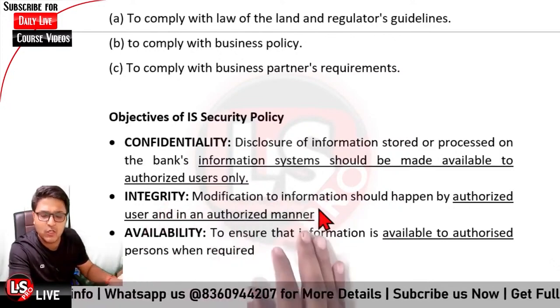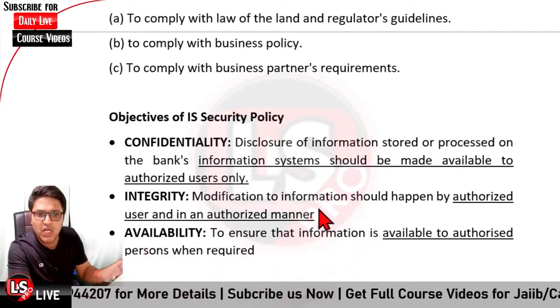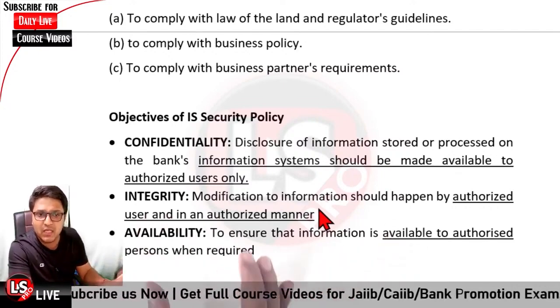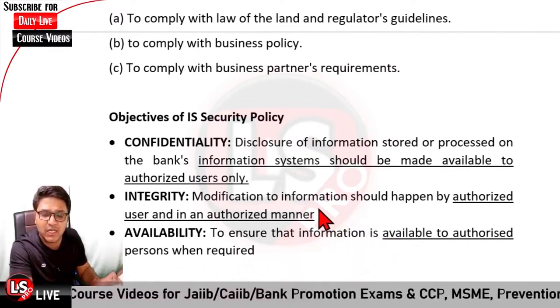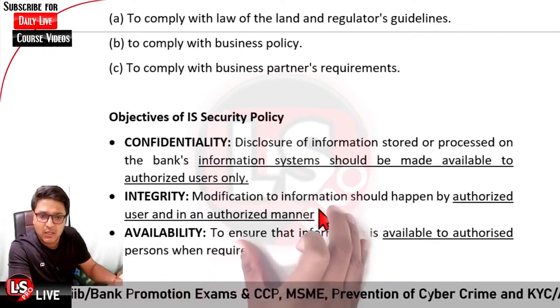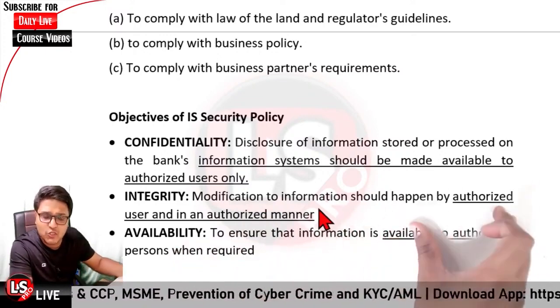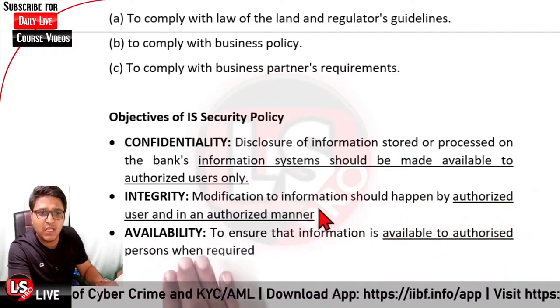I already told you many times what integrity is. Modification or alteration of the data should be done by an authorized user only, and in an authorized manner only. And further, regarding the availability of data.